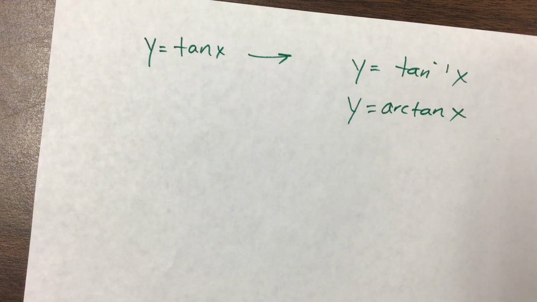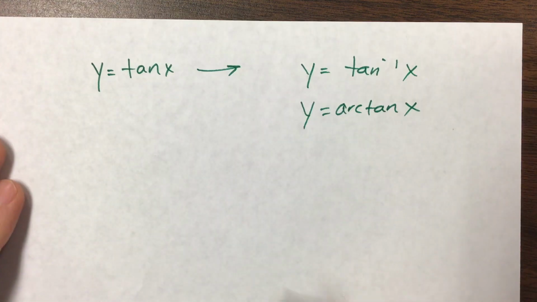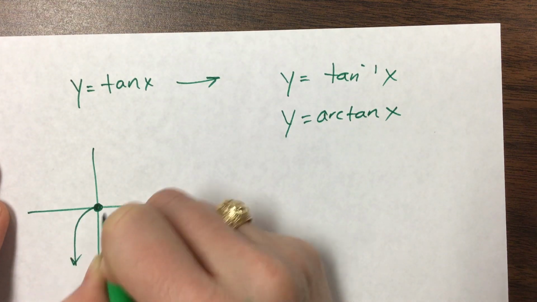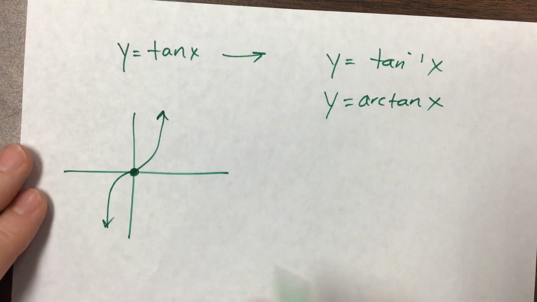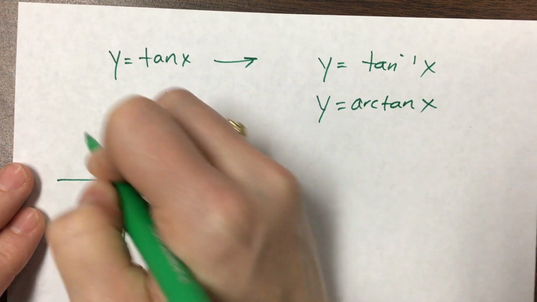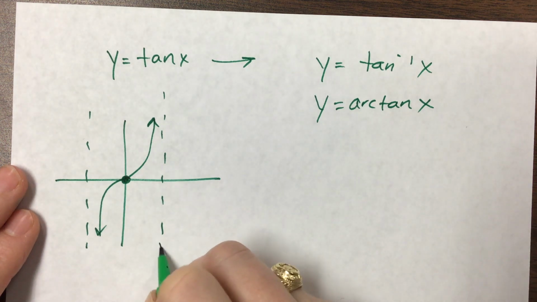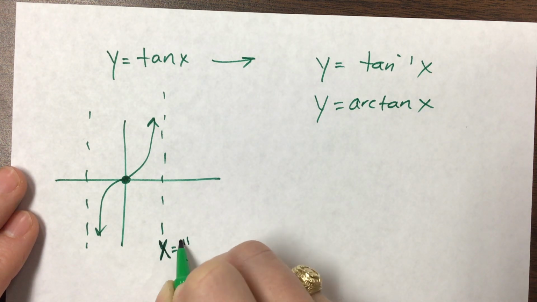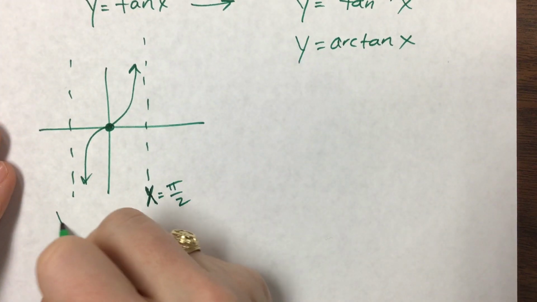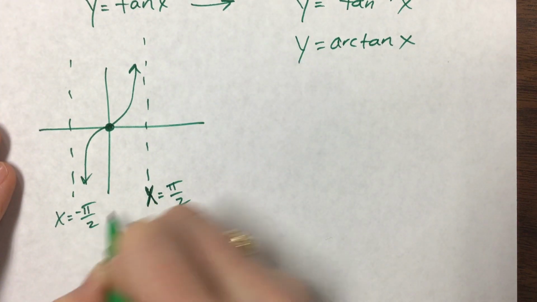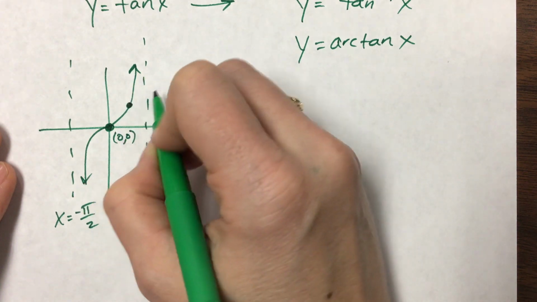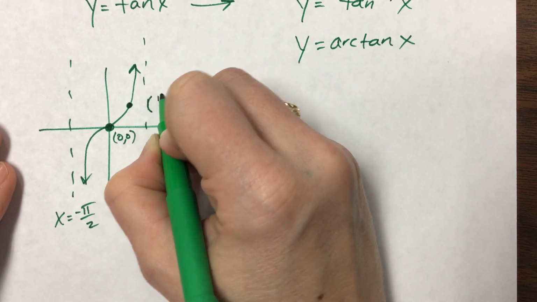What we want to do is take that tangent graph, and once again, you have to know the original stuff. Tangent, if we restrict it to just the one period around the origin, has asymptotes at x equals pi over 2 and x equals negative pi over 2. We have the point 0, 0. The one that's easy to work with is pi over 4.